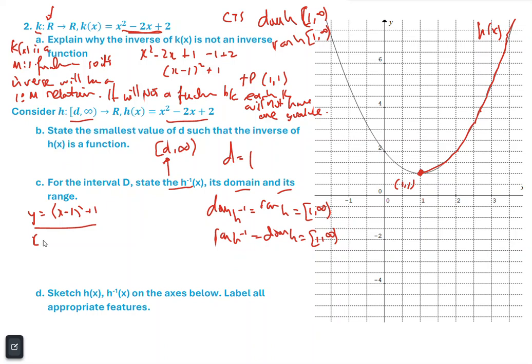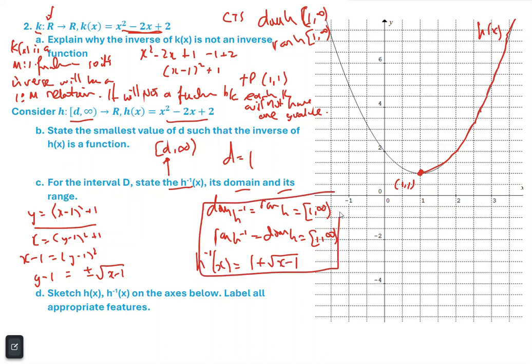Swap them over, x equals (y minus 1) squared plus 1. x minus 1 equals (y minus 1) squared. y minus 1 equals plus or minus the square root of x minus 1, which means the inverse of h is going to be 1 plus or minus that. And since my range is 1 to infinity, it will be plus the square root of x minus 1. And there's the 3 answers for that part.